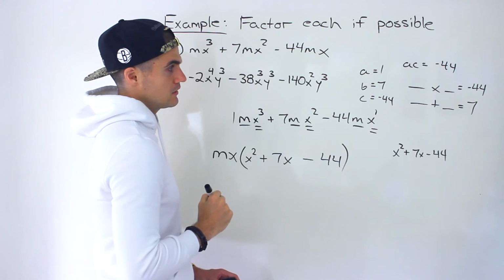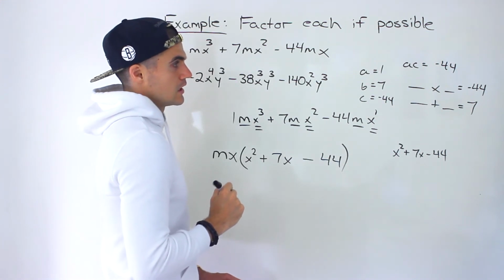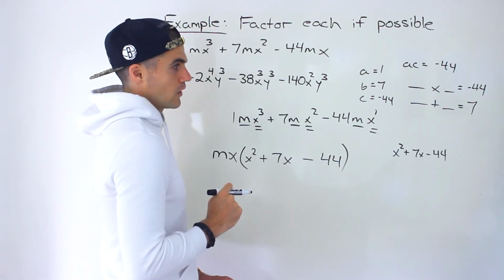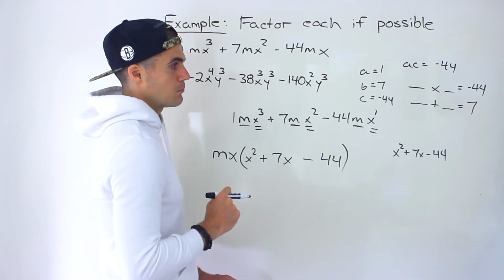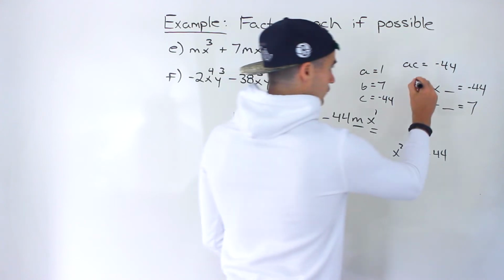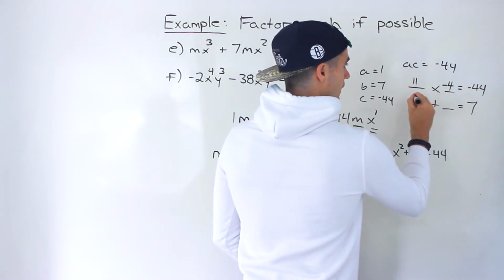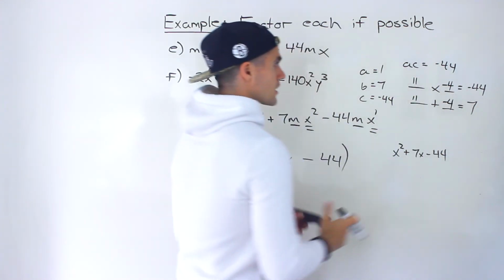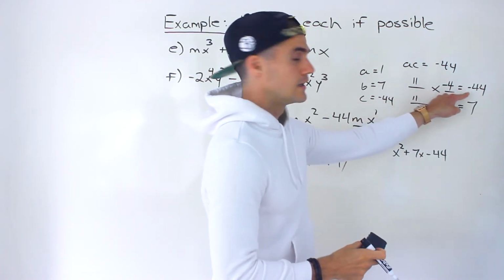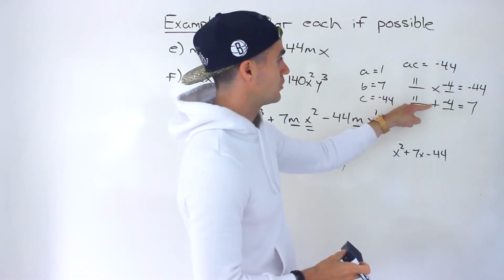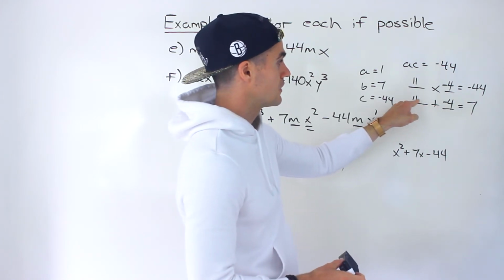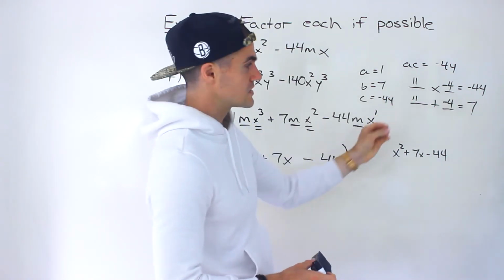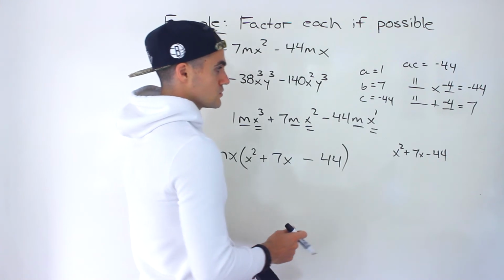And when you do a little bit of trial and error with this, you would see it's what, 11 and 4, or rather positive 11 and negative 4. I think that works out. Right, let's double check. 11 times negative 4 is negative 44. 11 plus negative 4 is like 11 minus 4. The plus and minus turn into a negative. 11 minus 4 would give us 7. Right, so those are the two numbers.